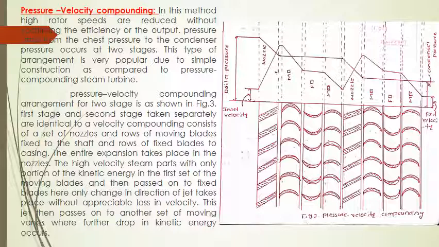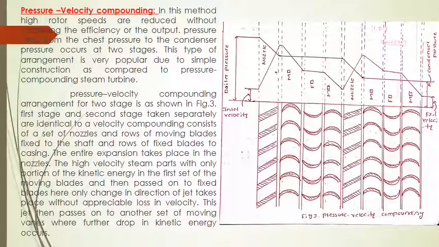First stage and second stage taken separately are identical to a velocity compounding, consisting of a set of nozzles and rows of moving blades fixed to the shaft and rows of fixed blades fixed to the casing. The entire expansion takes place in the nozzles.